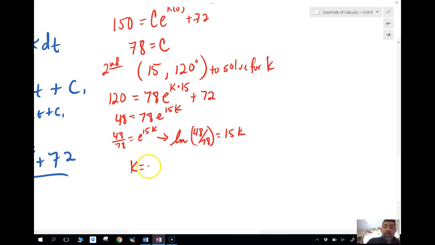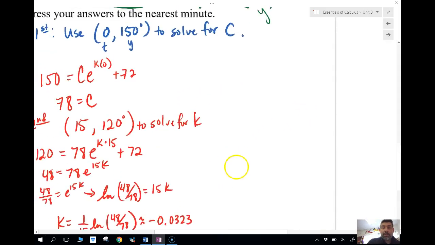So k is going to equal 1/15 times ln of 48 over 78. If I put that in the calculator, that's approximately equal to negative 0.0323. Okay, so now I have my equation.